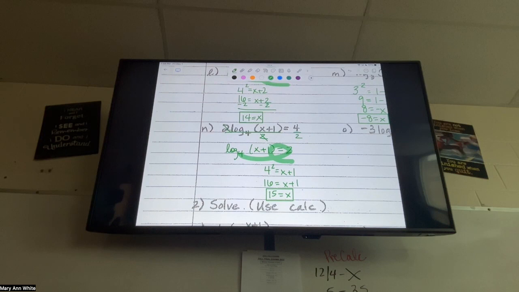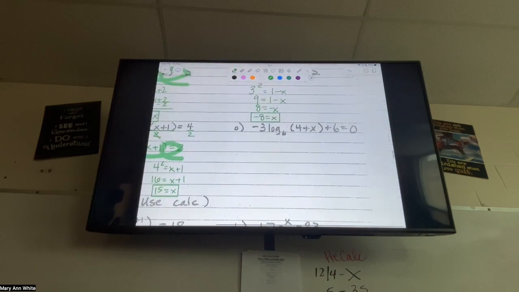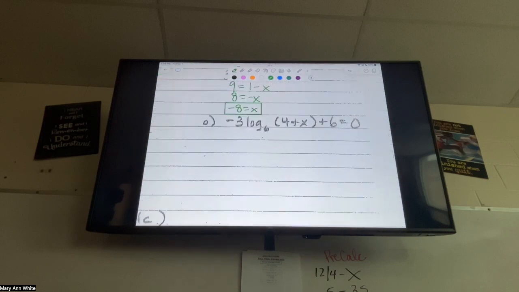Everybody doing okay? One more like this. You got to move everything on this one. Move that 6 and move that 3, that -3. So I get -3 log base 6 of 4 plus x equals -6. And then again, I divide by that -3 just to make it easier. Log base 6 of 4 plus x equals 2.